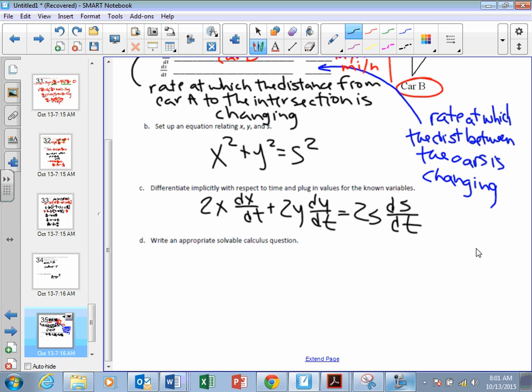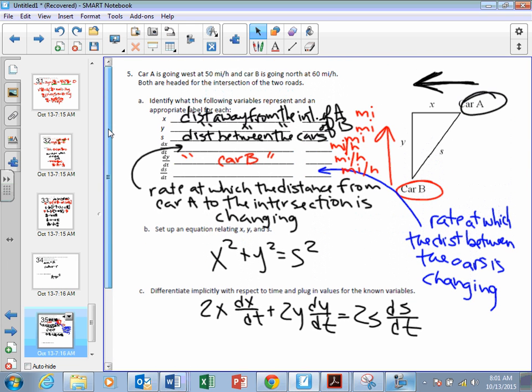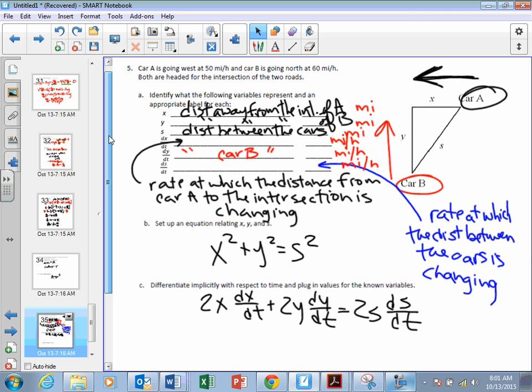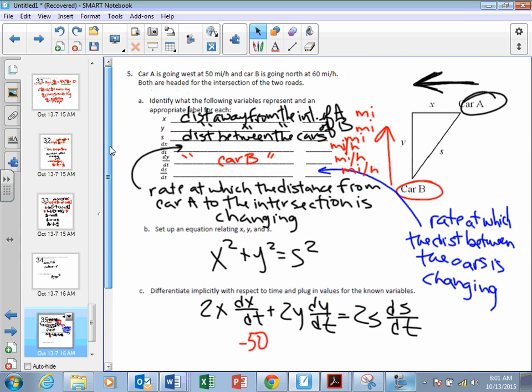And we have to plug in the values of our known variables. I'm going to look back at my problem from the beginning. I know car A is going west at 50 miles an hour. So x is shrinking at 50 miles per hour. So dx/dt here is negative 50. Car B is going north at 60 miles an hour.